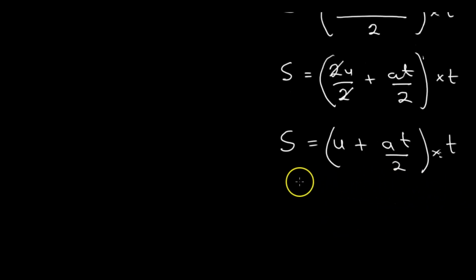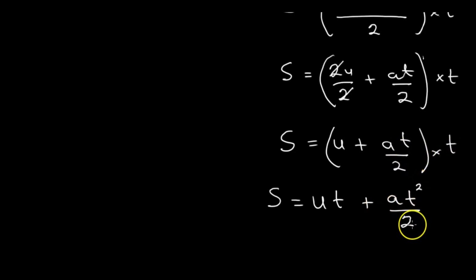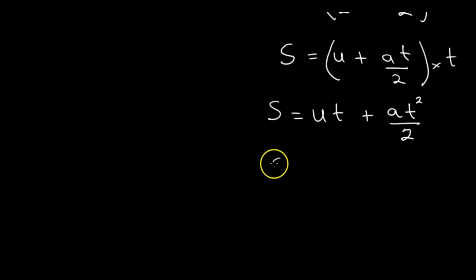So I'm now going to expand this bracket and I'm going to get s equals u times t, which is ut, plus at times t is t squared, so at squared over 2. This is popularly written as s equals ut plus half at squared.